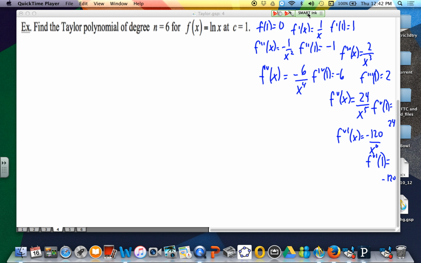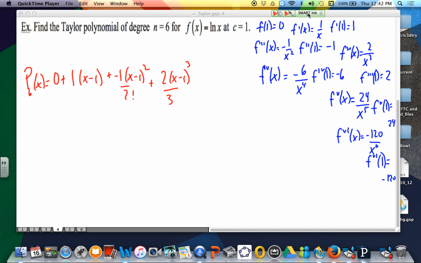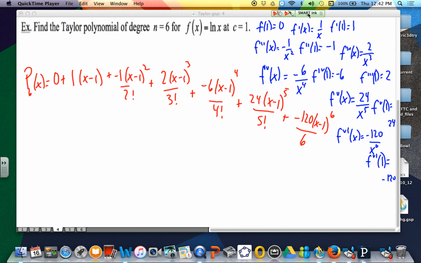So let's get our Taylor P going here. My P sub 6 of x is going to be 0 plus f prime of 1, which is 1, times x minus 1 to the 1 divided by 1 factorial, plus this negative 1 times x minus 1 squared divided by 2 factorial, plus, and then my next term, the third derivative evaluated at 1 is 2, so I have 2 times x minus 1 to the third divided by 3 factorial, plus, and then the fourth derivative is this minus 6 times x minus 1 to the 4th divided by 4 factorial, plus 24 times x minus 1 to the 5th divided by 5 factorial, minus, or plus a negative 120 x minus 1 to the 6th divided by 6 factorial.